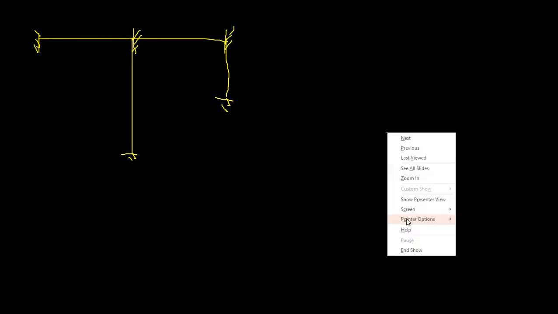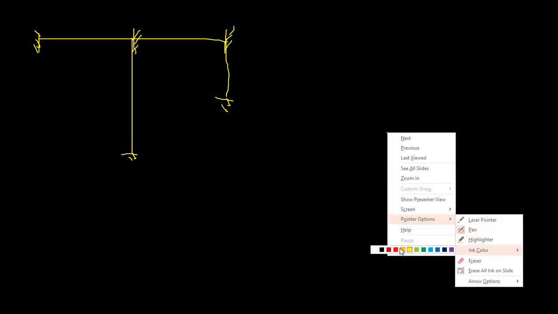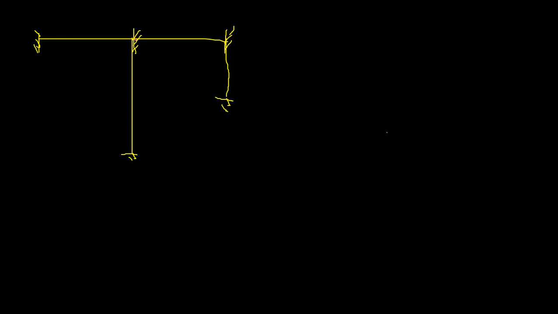So we apply a unit moment at now the second coordinate in the clockwise direction. Unit rotation, right? Here the rotation is 0. Don't forget this beam is 2 EI. Sorry, the frame member.